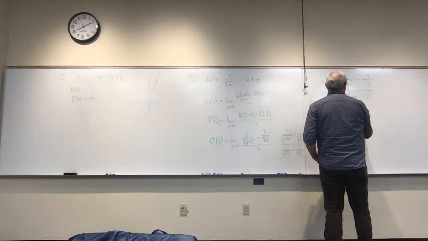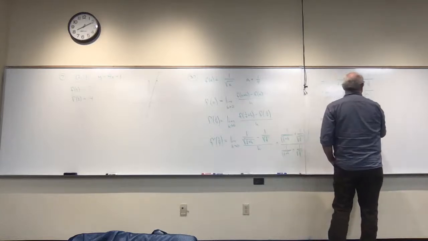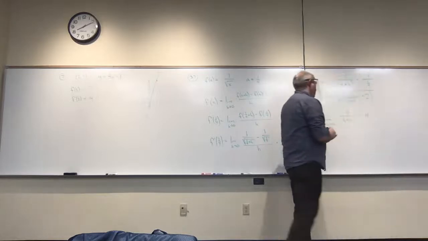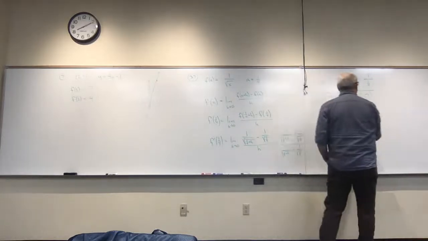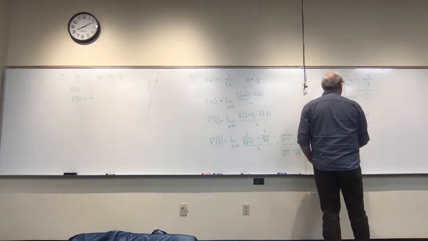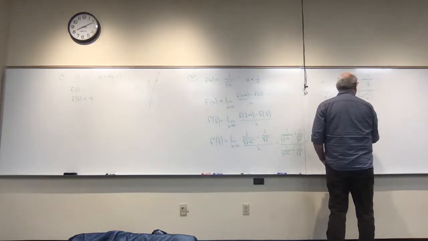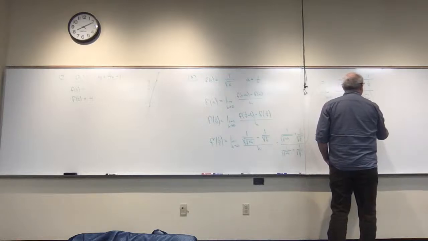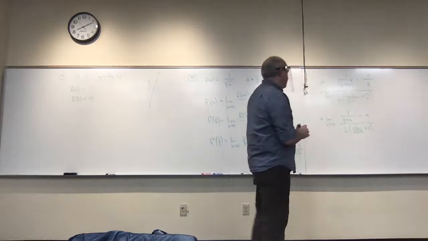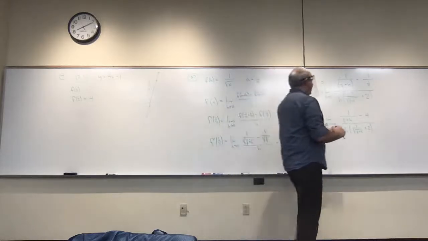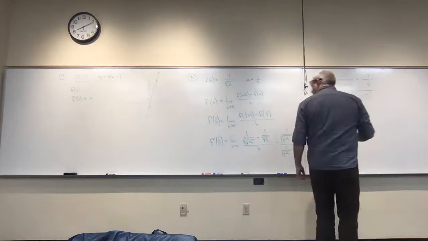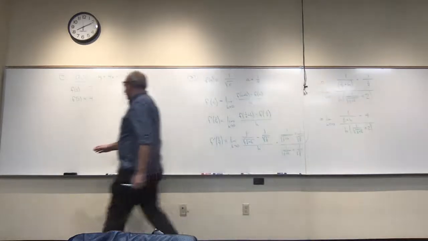how do I want to write this? Let's go, this is 1 over 1/4 plus h minus 4, correct? And on the bottom, we just have h times 1 over the square root of 1/4 plus h, plus 2. Now, we could combine these into one fraction. Let's do it. I'm going to move over here.